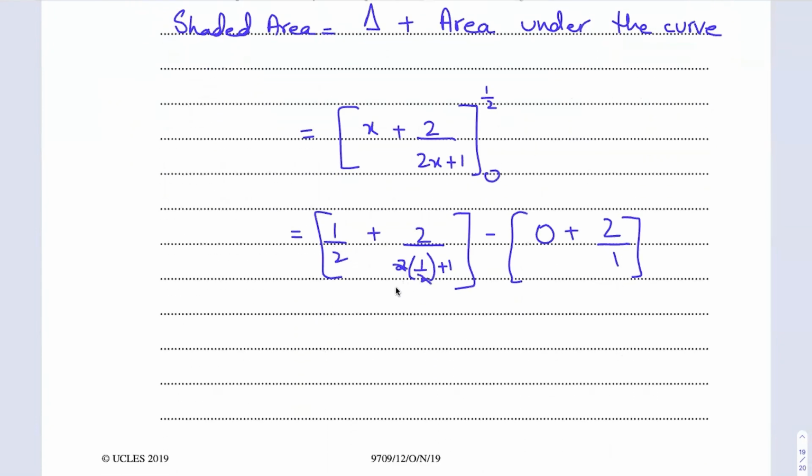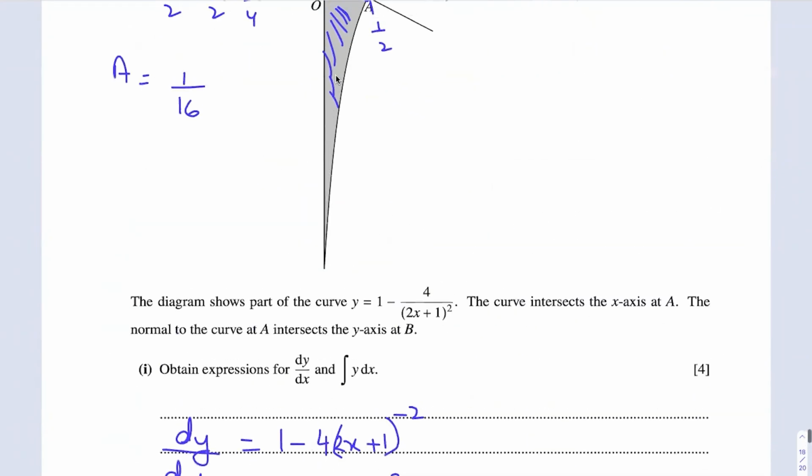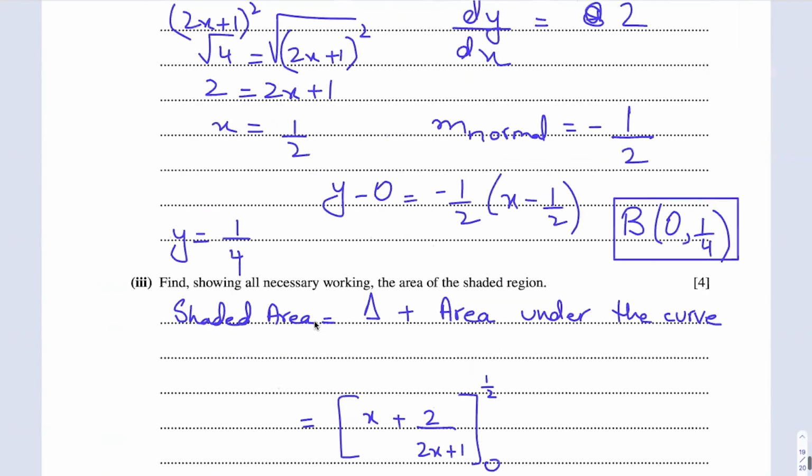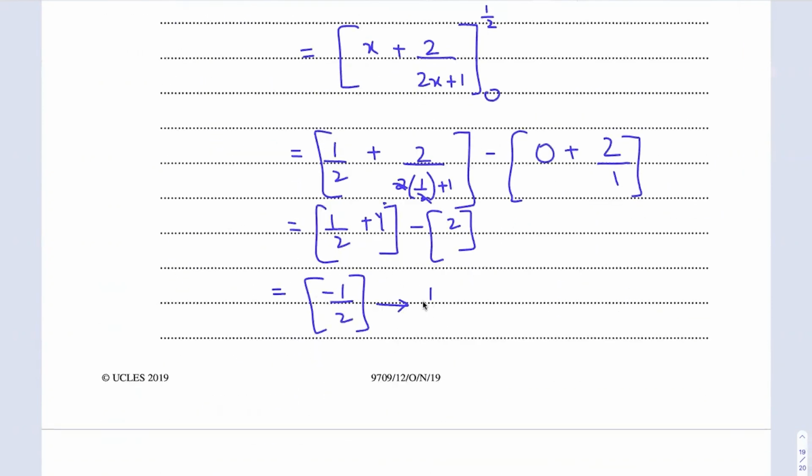So 1 upon 2 plus 2 upon 2, which is 1 upon 2 plus 1, which is 3 upon 2, minus 2 upon 1, which is 2. So 3 upon 2 minus 2 is minus half. Now, as we know that the area of the curve was lying beneath the x-axis, we'll get the answer negative. But as area cannot be negative, we know that the area will be positive half. So the area of the triangle, which is 1 upon 16, and the area under the curve, which is 1 upon 2. Simplifying this, we'll get 9 upon 16 as the total area of the shaded region.